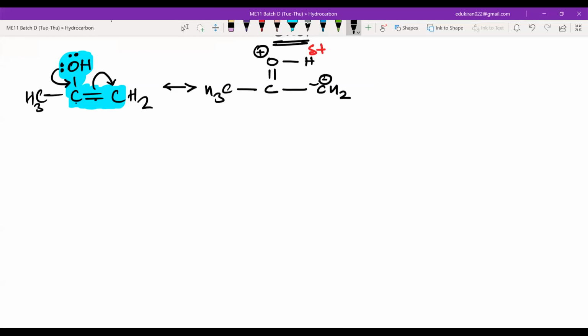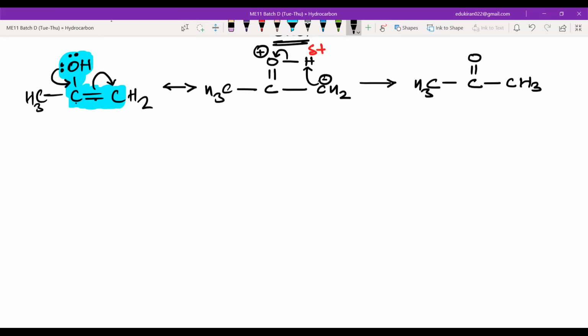So this carbon atom will donate the electrons to the hydrogen, and as soon as it does, the hydrogen will break its bond from oxygen, and there will be CH3, C double bond O, and CH3 here.